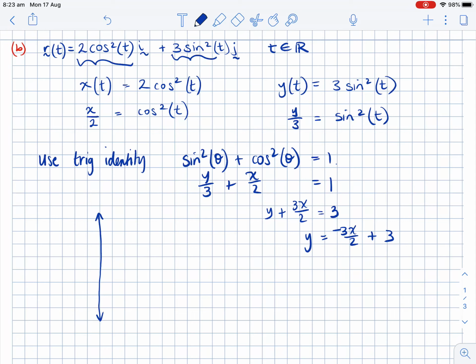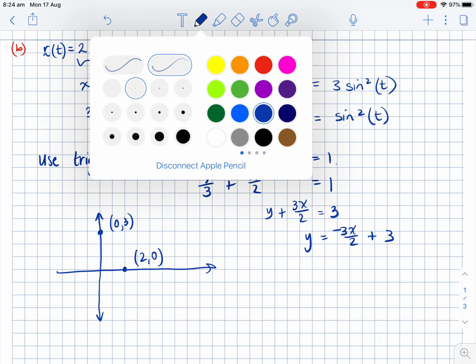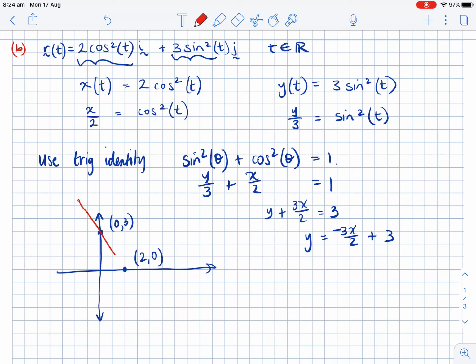So my y-intercept is at 3, and my x-intercept goes down 3 and across 2 places. So my x-intercept is at 2. So (0, 3) and (2, 0). Draw my linear graph through those 2 points, and I have my function.